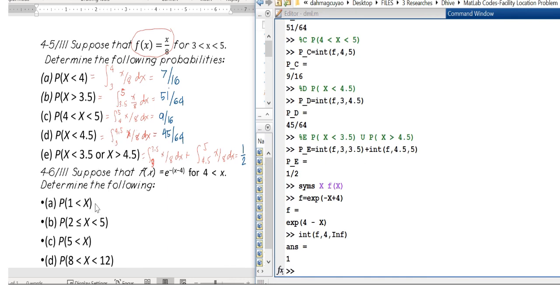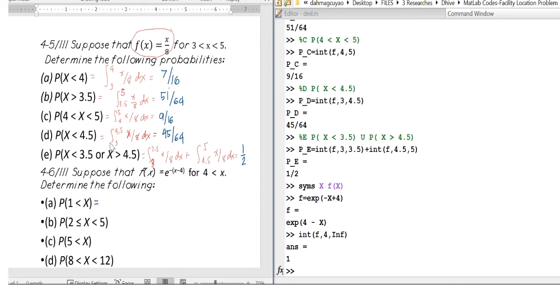So this one is the probability of the sample space, so this is 1. For the second one, take note that it should be greater than 4. So this is the integral from 4 to 5 of e to the negative x minus 4 dx.